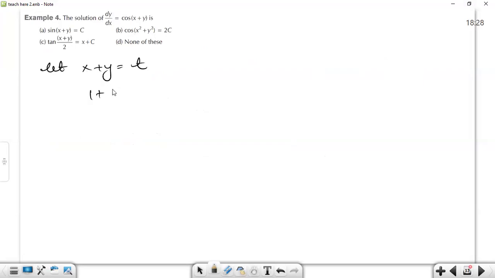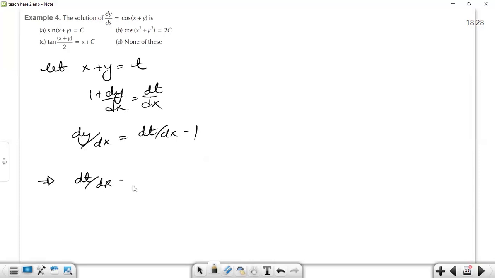On differentiating both sides with respect to x, the value of dy over dx becomes dt over dx minus 1. So now the differential equation becomes dt over dx minus 1 equals cos of t.